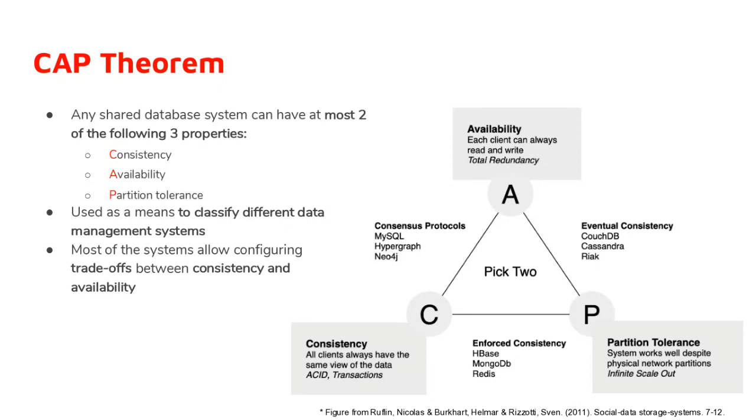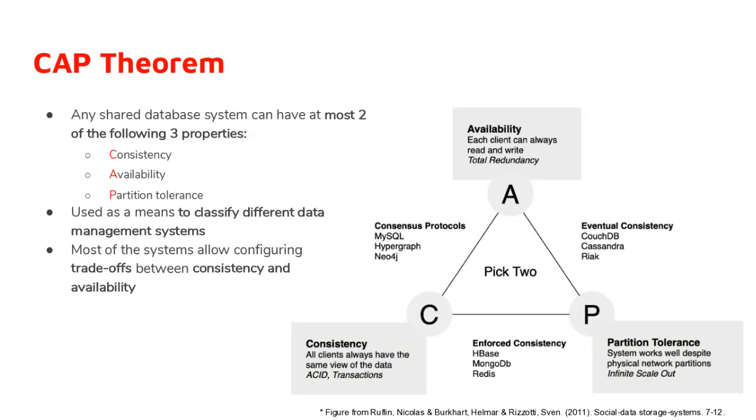So either you have consistency and availability, or availability and partition tolerance, or consistency and partition tolerance. You really have to pick 2 out of those 3 properties.